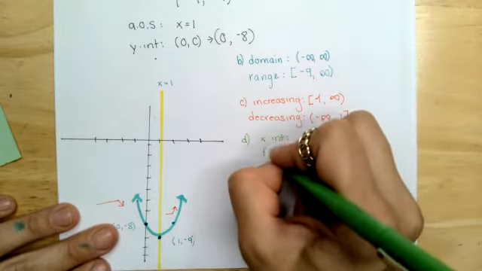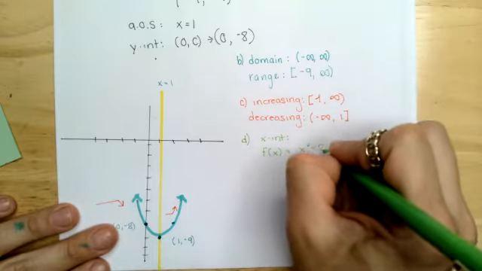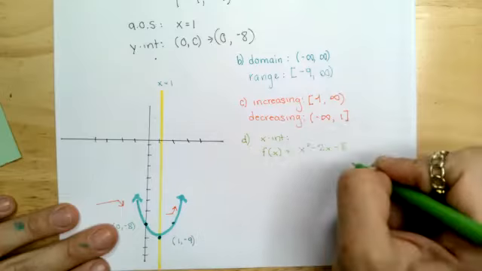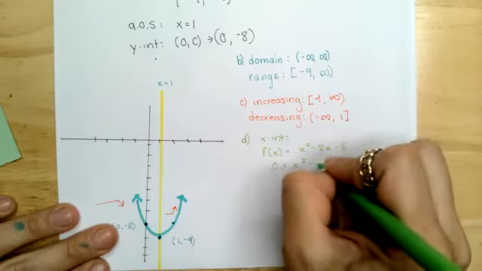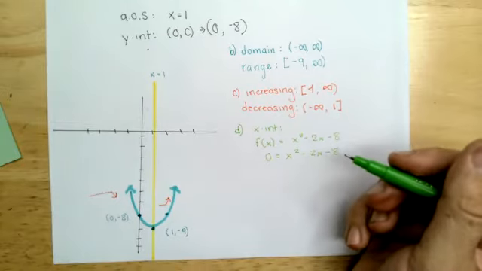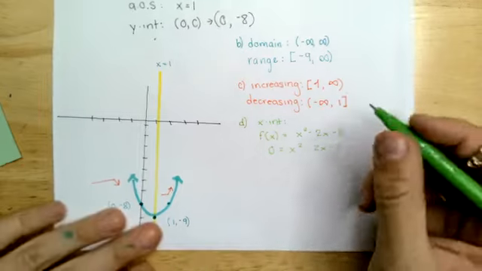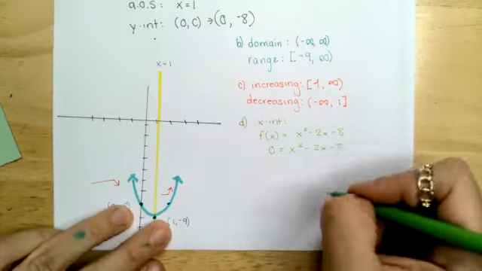So instead of f of x equals x squared minus 2x minus 8, we have 0 equals x squared minus 2x minus 8. You're welcome to try to factor it, right? So we want two numbers that multiply to give us -8, but add to give us -2.